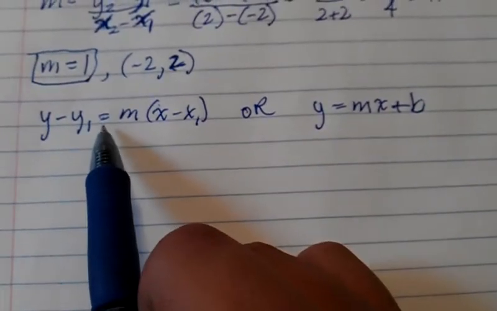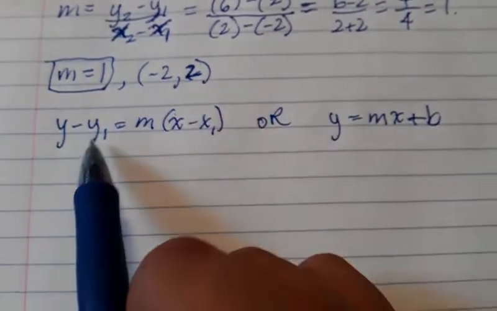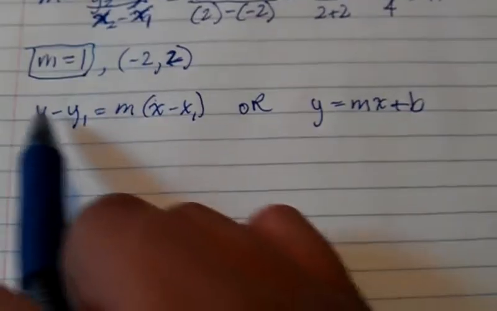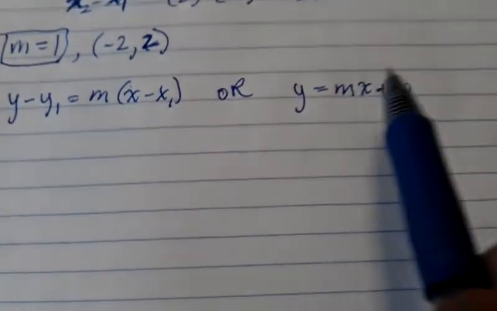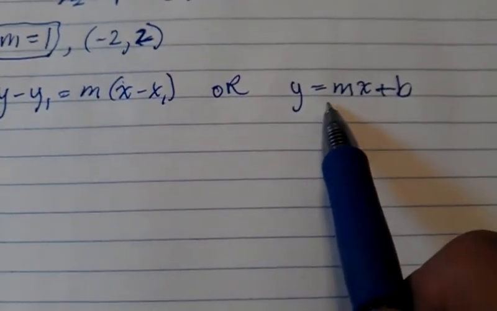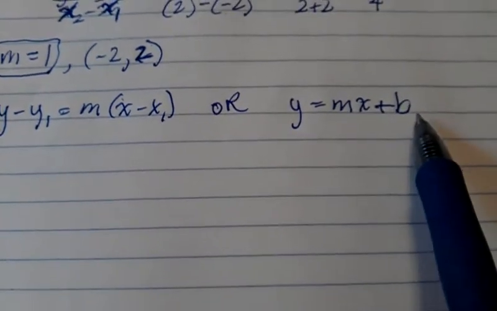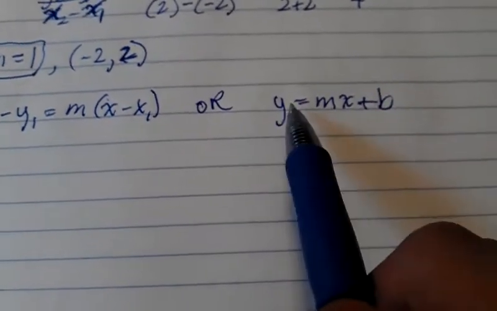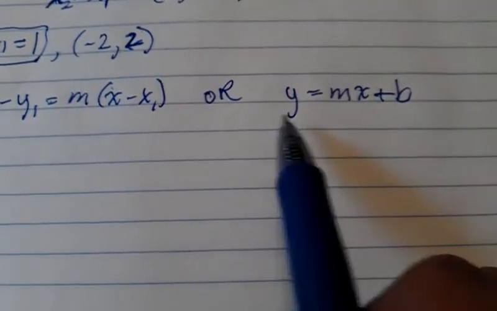In this formula, you simply have to plug in the slope and the x1 and the y1. Once you substitute them in, all you have to do is isolate the y and make sure everything is distributed and simplified. In this formula over here, it's a bit more difficult because once we plug in y, m, and x, we have to solve for b, and then we have to rewrite this equation and only substitute m and b in so that we can have the equation of the line.